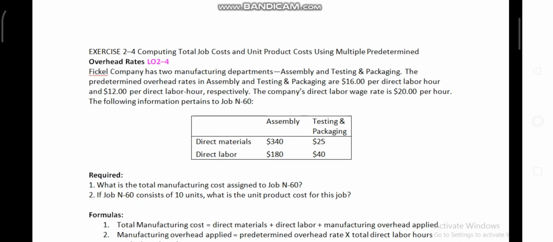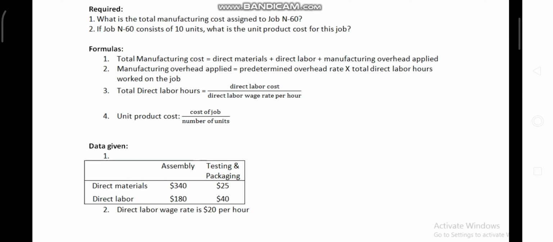The next information is predetermined overhead rate. For assembly department it is $16 per direct labor hour, and for testing and packaging it is $12 per direct labor hour. So I'm going to list these two pieces of information as well.